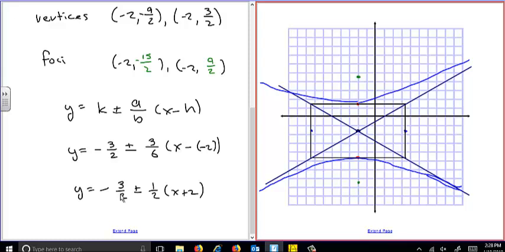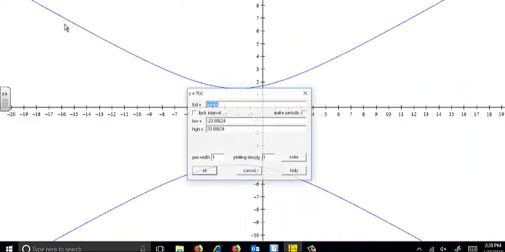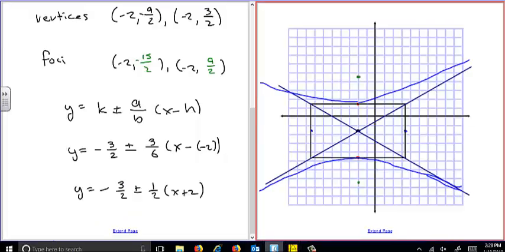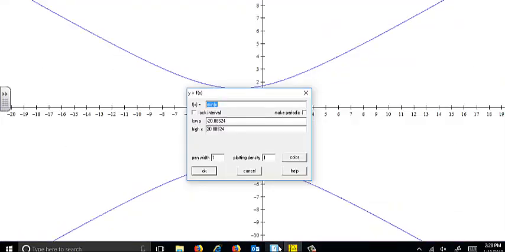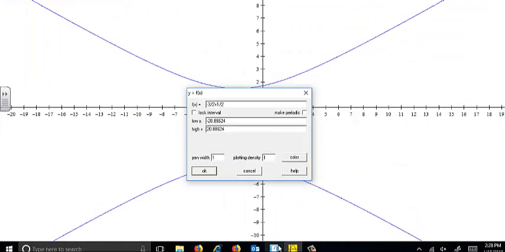And let's plot the two equations here for the lines. So it's going to be negative 3 halves plus 1 half. Okay, so we're going to go to an equation. We're going to do an explicit equation. So that's y equals, and you've got negative 3 halves plus the slope, which is 1 half times x plus 2.